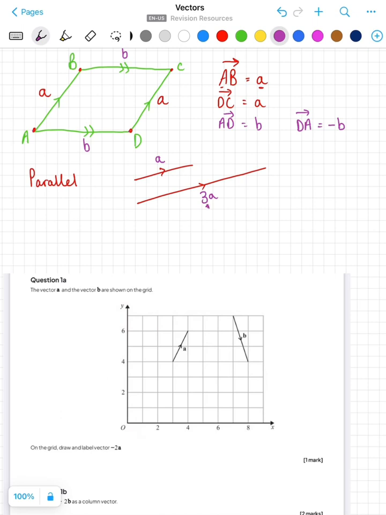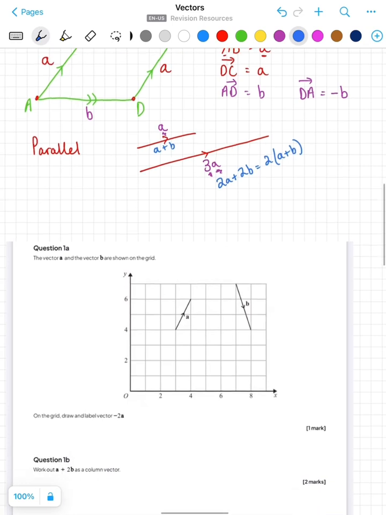It could be any multiple, but the a, the directional quantity, will remain the same. So if our line was a plus b, a line parallel to that might be 2a plus 2b, because that is going to be twice as long as a plus b, but travelling in the same direction.